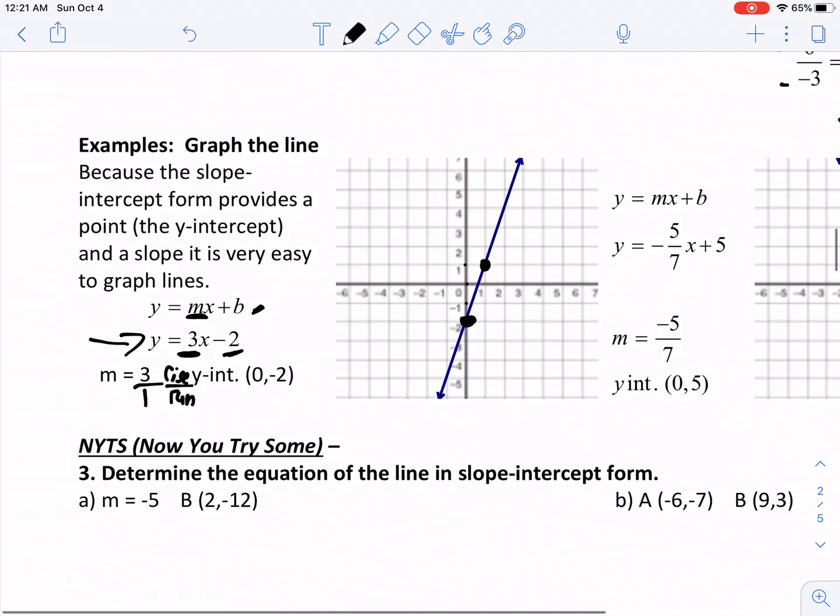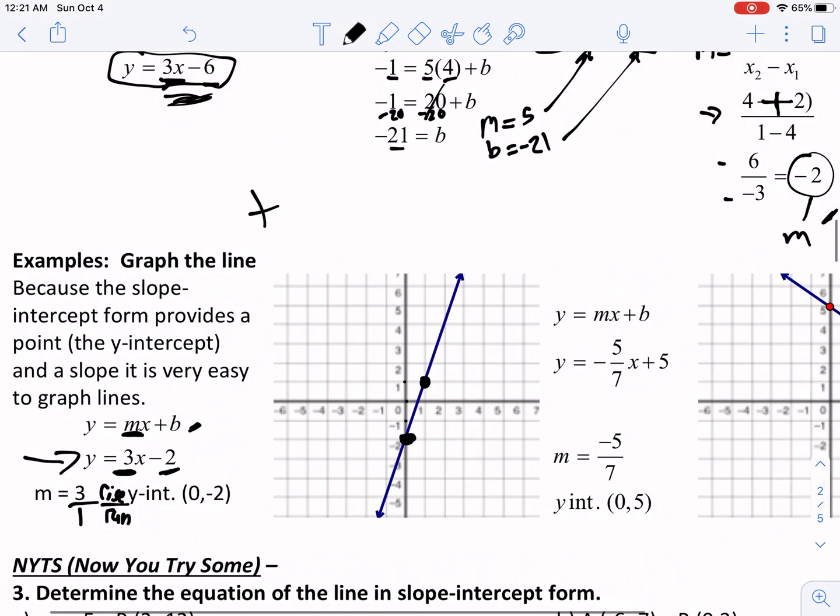Now, how can I tell the difference between having to go to the right or to the left? Well, if it's positive, we're going to go up and to the right. If it's negative, we're going to go down and to the right. I would just say for most purposes, unless you're good at working backwards, just always go to the right, okay?